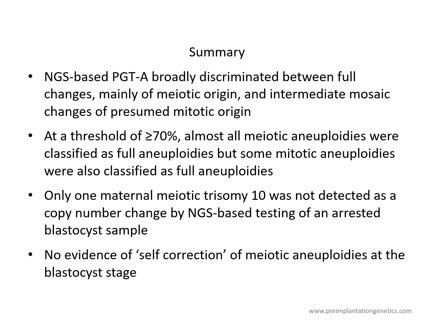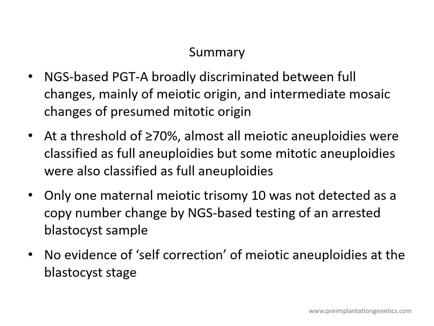And of course, in recent years, there have been improvements in discrimination since we analyzed this data, but I would argue that it is still going to be difficult to discriminate 100% between aneuploidies of meiotic origin and those of mitotic origin. And the importance clinically is meiotic origin embryos. There's very little evidence for self-correction of those, and those are the ones that we want to avoid transferring.